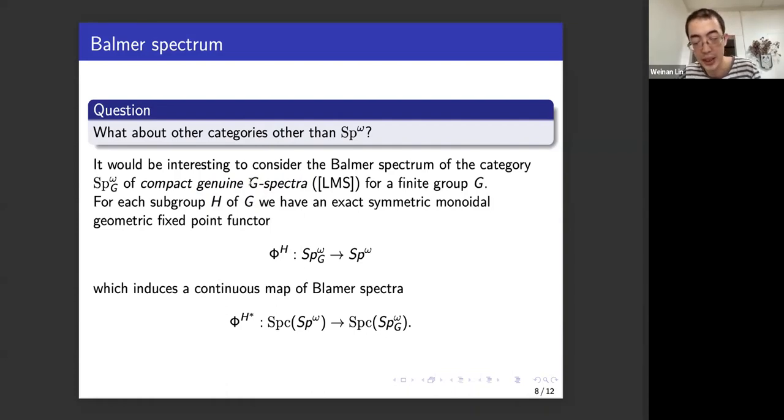I mean, actually, you have homology and cohomology, H lower V and H upper V, so it's kind of complicated. That's what genuine G spectra give us. It's a very rich structure.